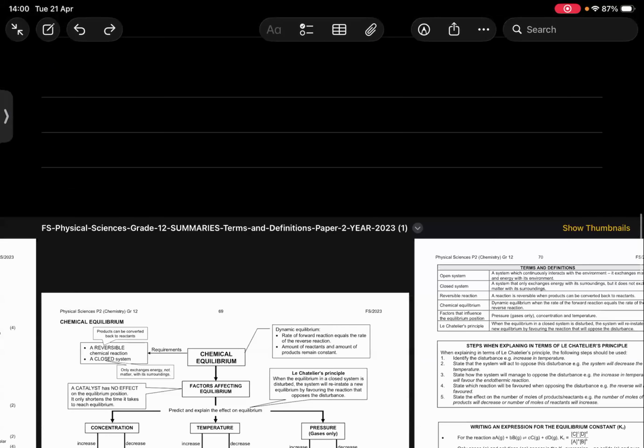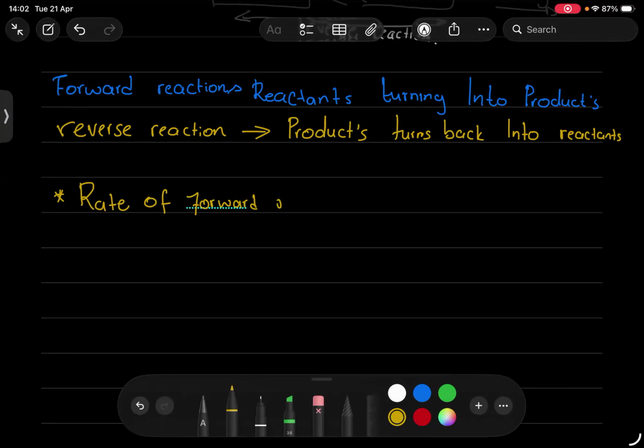You will see by the rate of forward reaction, the time it takes for the forward reaction to occur. And remember, what is the forward reaction?